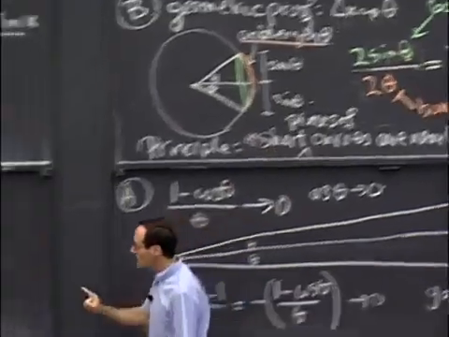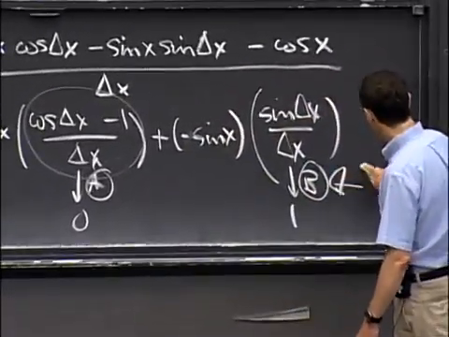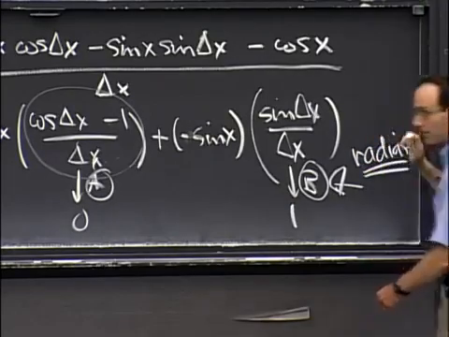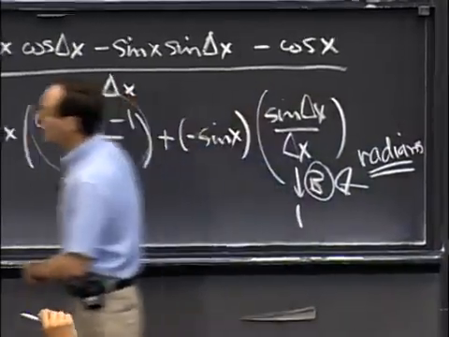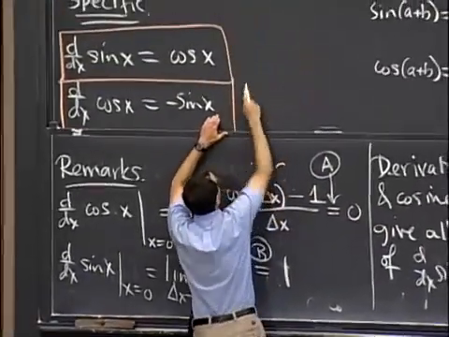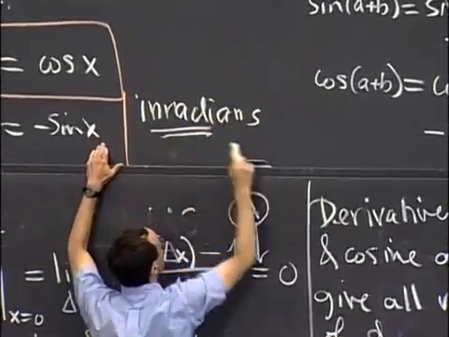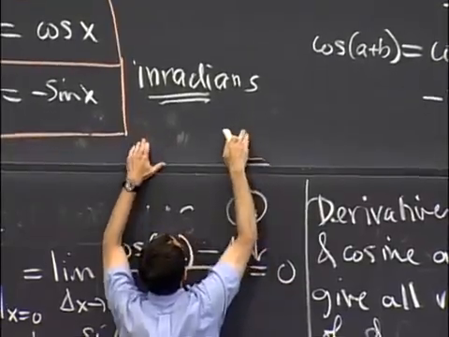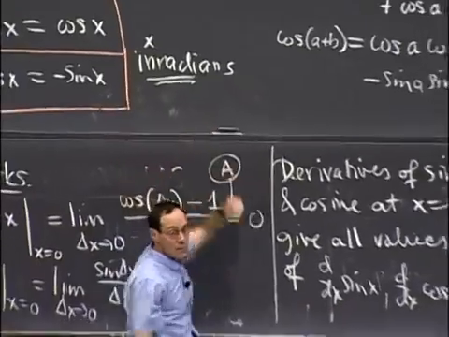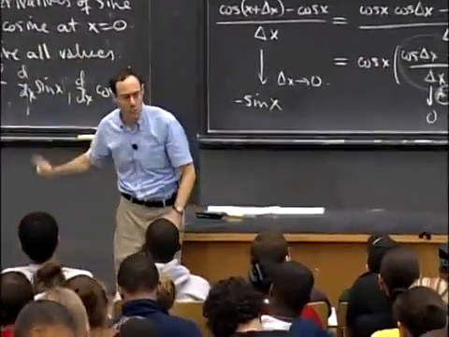And so this is only true here if we use radians. All right? So again, a little warning here that this is in radians. So now here x is in radians, and the formulas are just wrong if you use other units.